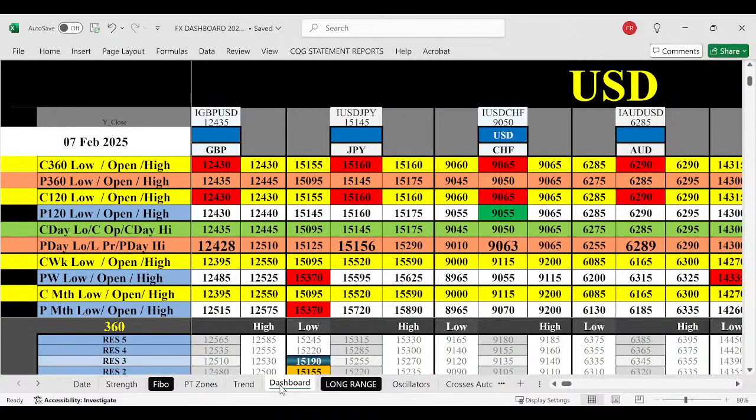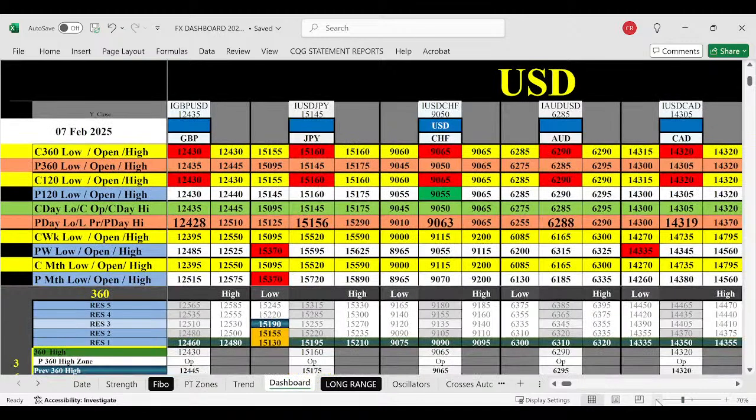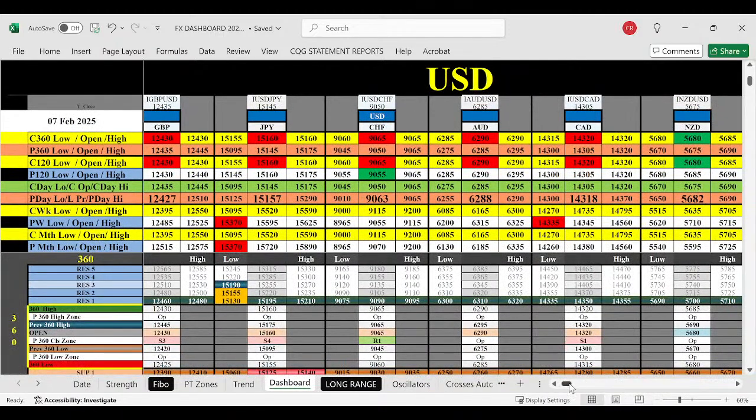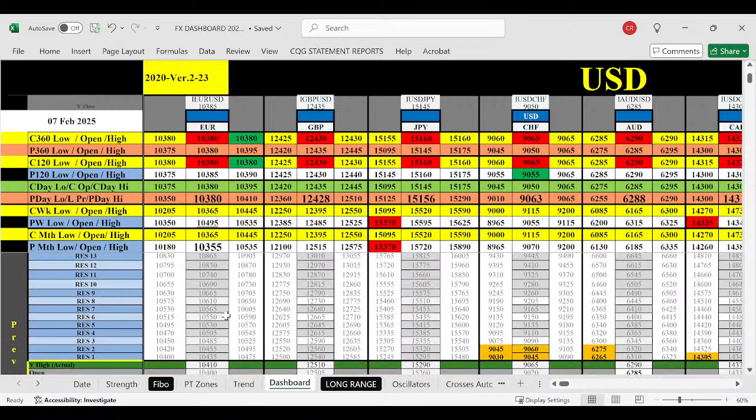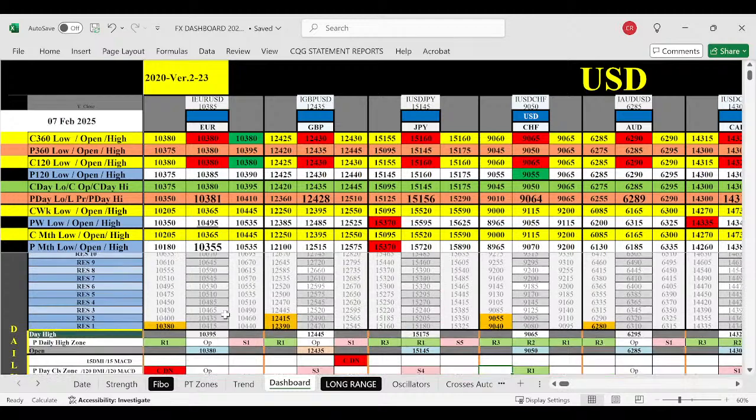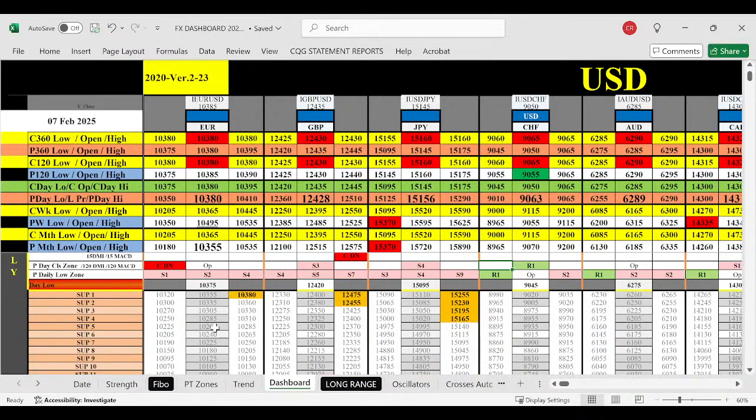Then when we go into the dashboard, right now the market is trading at 380. Your previous day low is 350. Even if your 350 breaks, we should see the price limited to 320, or maximum 103.